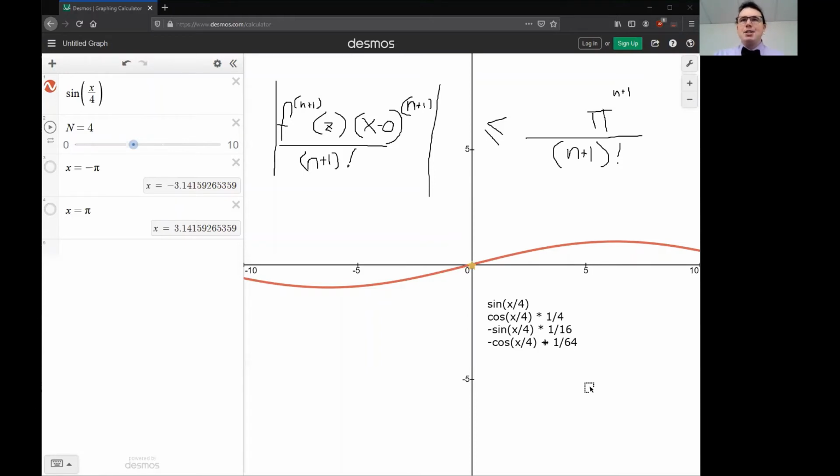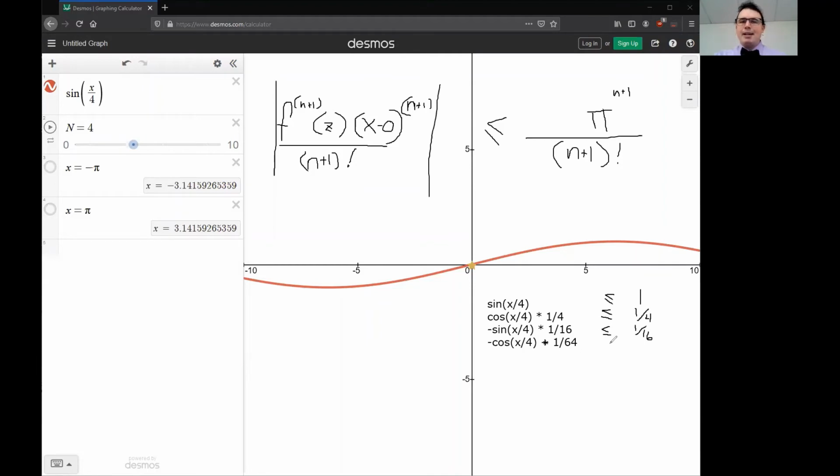Again, I'm going to make this simpler by overestimating. I know that the sine function is always a number less than or equal to 1. I know the cosine function is always a number less than or equal to 1. But then I have to multiply by 1/4. I know that minus the sine function is always a number less than or equal to 1, but I have to multiply by 1/16.